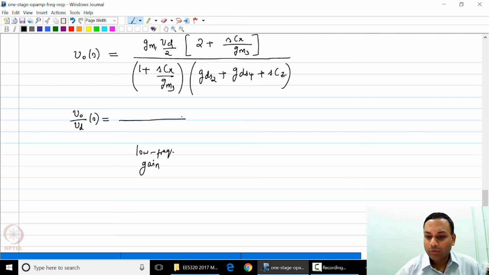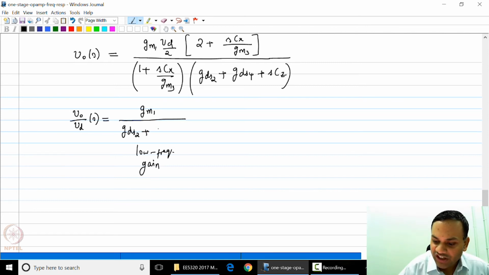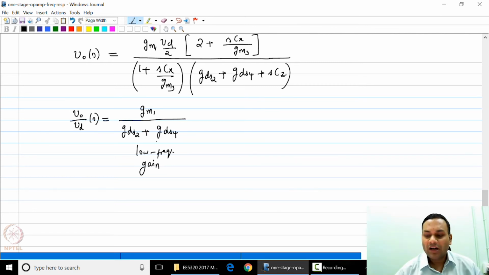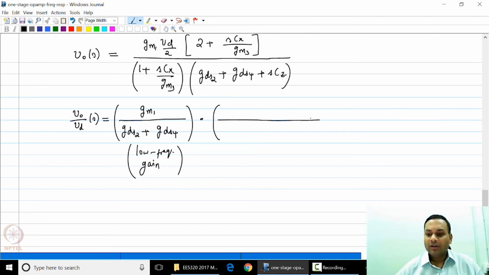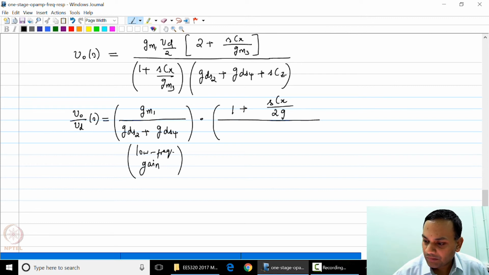So I am going to take the component GM1 over GDS2 plus GDS4 out of this expression, because this is the low frequency gain of the circuit, and this is going to be the frequency dependent part. So the system has one zero at 2 GM3 over Cx, and it has two poles.